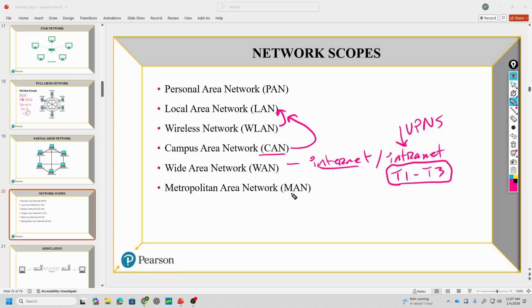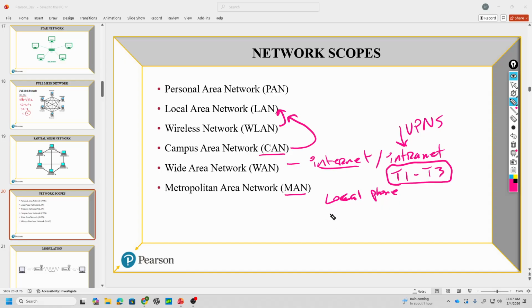And then there's this thing called the metropolitan area network. What is that? If you think about any city you live in, let's just take the United States, because that's where I live and what I'm familiar with. Inside of a city, you might have the local phone company providing internet.